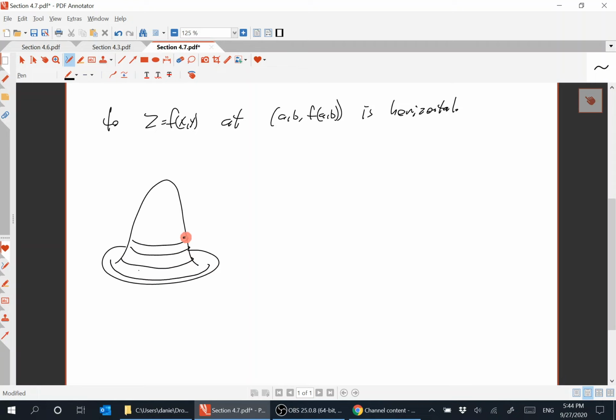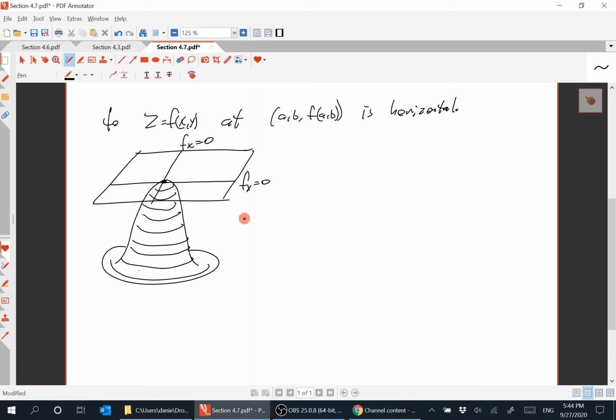A horizontal tangent plane might happen at a spot like this, which is a relative maximum. So this slope is 0 in the x direction, fx is 0, and 0 in the y direction, fy is 0, and this is a relative maximum. Or you could have sort of the opposite picture.